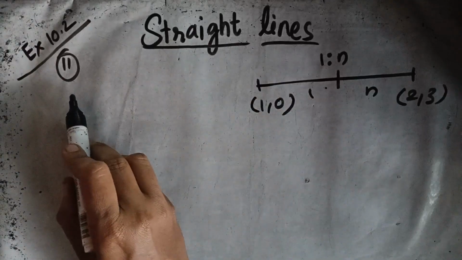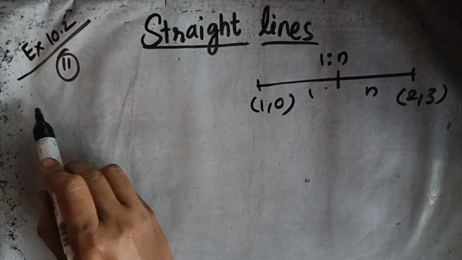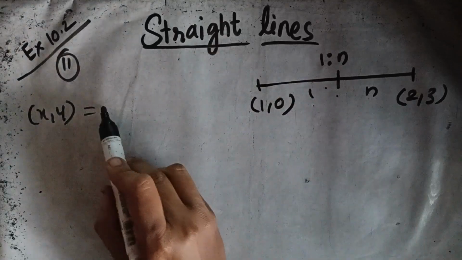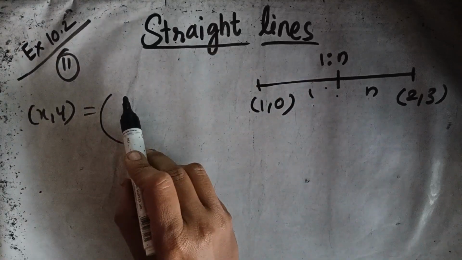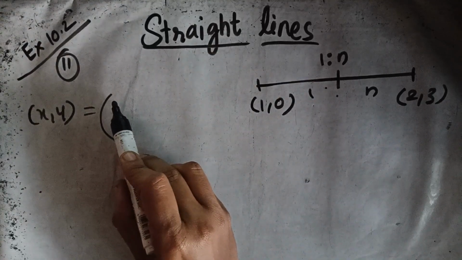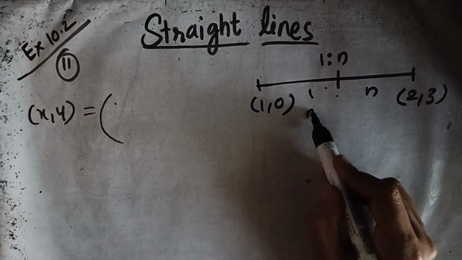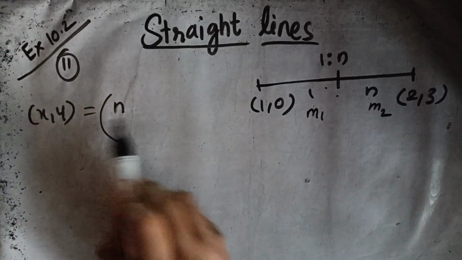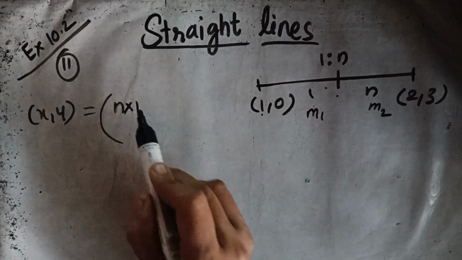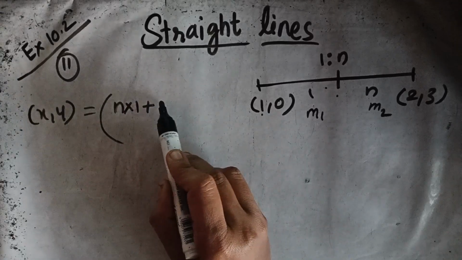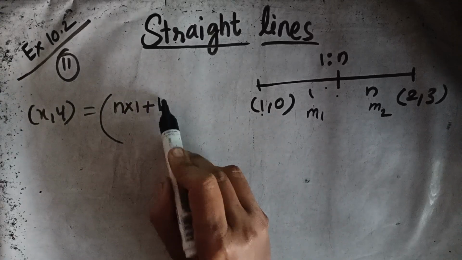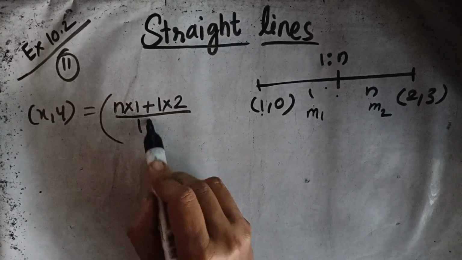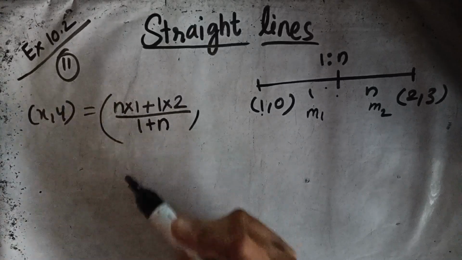So by the section formula, the point (x, y) is m2 x1, this is m1, this is m2. m2 x1 is 1 plus m1 x2 divided by m1 plus m2.